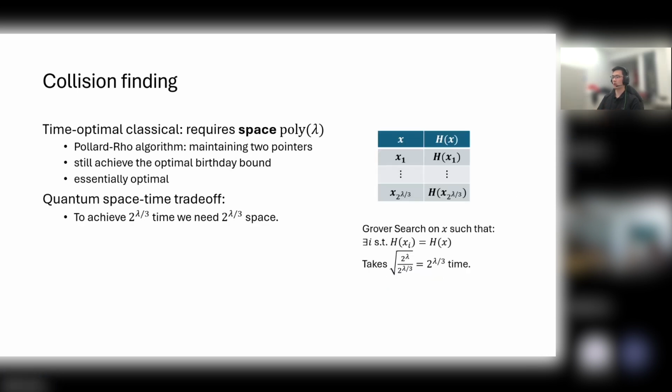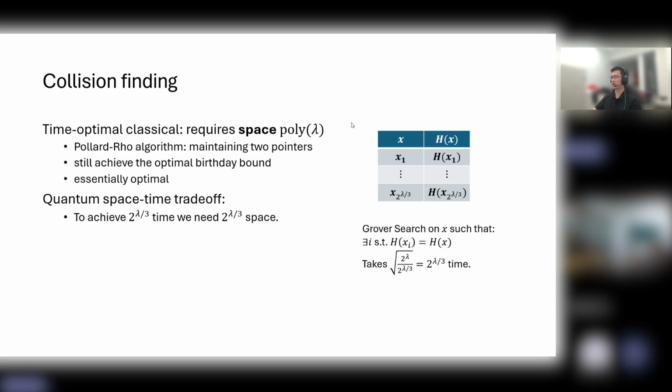But when we try to achieve the optimal time complexity in the quantum case, we actually need a very big space. For the BHT algorithm, we need 2 to the lambda divided by 3 time and 2 to the lambda divided by 3 space. We don't know whether this is optimal or not, and we will see on the next page that this is a very interesting open problem. Basically, the BHT algorithm is a Grover search.